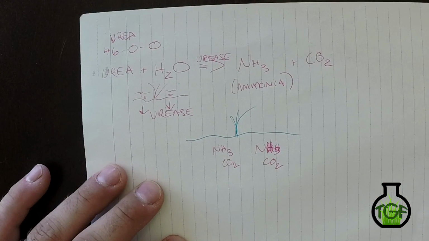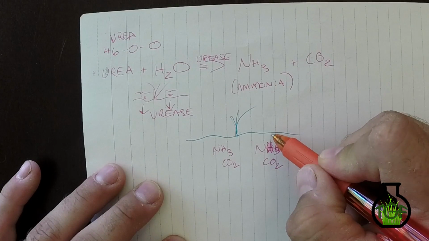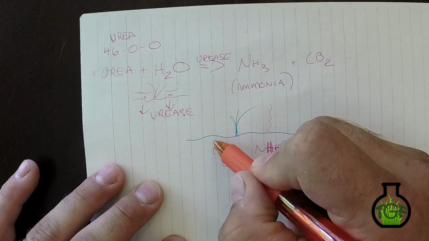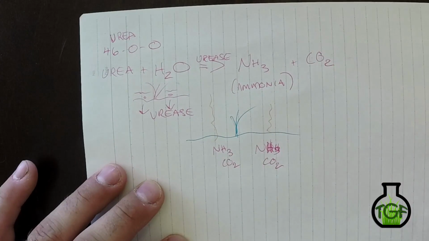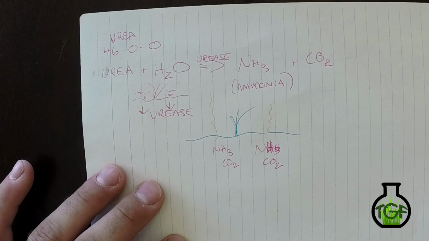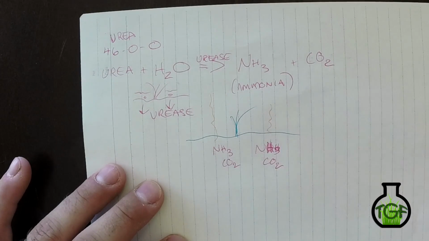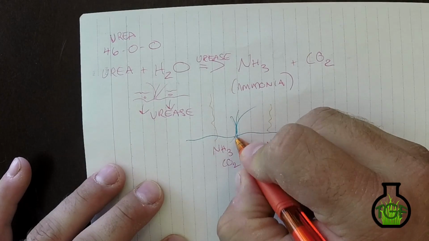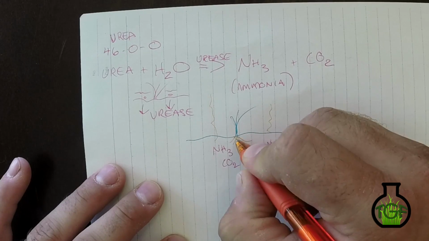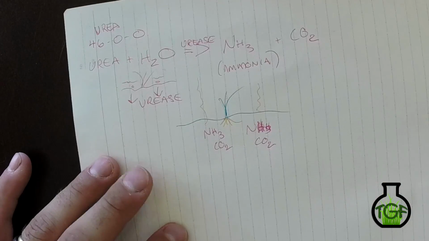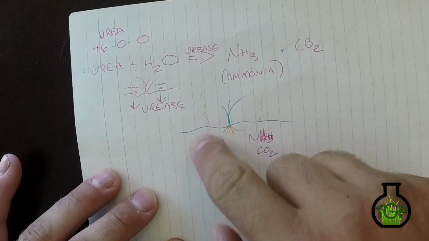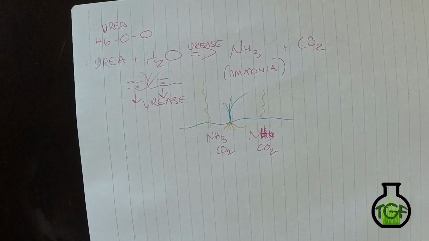So what can happen is the NH3 will begin to volatilize, meaning the gas will escape its target zone, where we want it to be taken in by the roots. We want the roots of the turf grass to absorb it, but we're going to lose some of it to gas. So how do you prevent this volatilization?